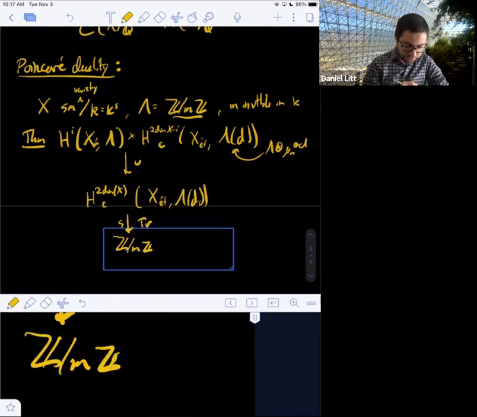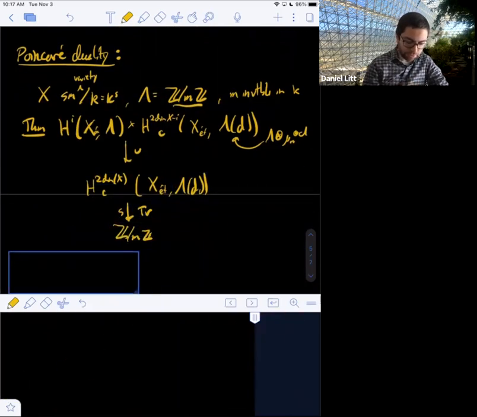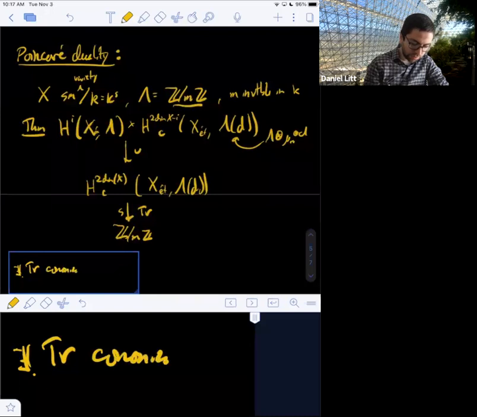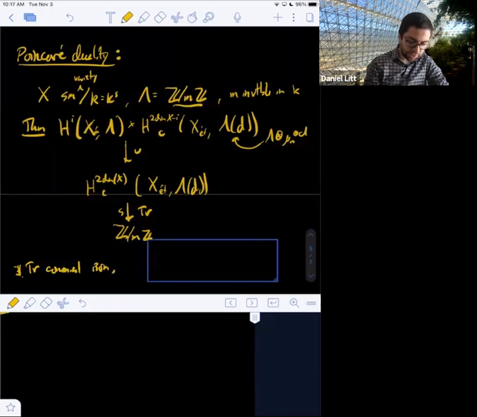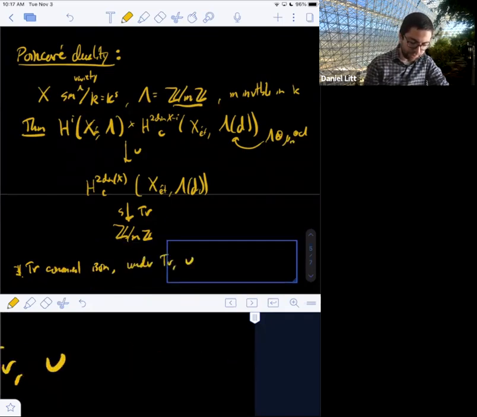So the claim is that we have an isomorphism like this, the canonical trace isomorphism, and then under this isomorphism, the cup product becomes a perfect pairing.